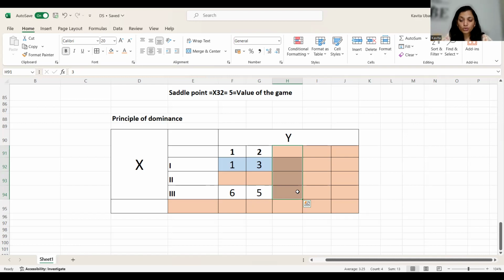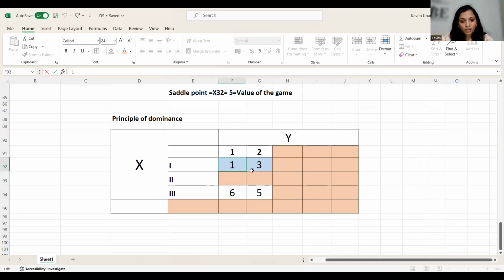As per your choice, you can apply this principle of dominance on rows and on columns. So here, again, we can apply the principle of dominance row-wise. In row number 1, two values are left here, 1 and 3, and in the third row, 6 and 5.